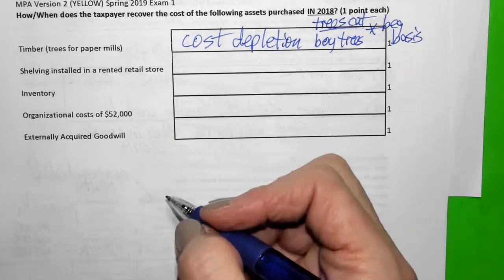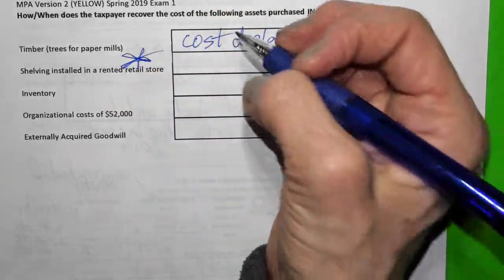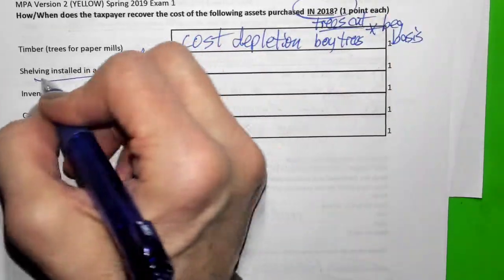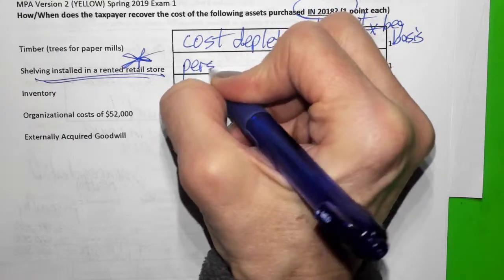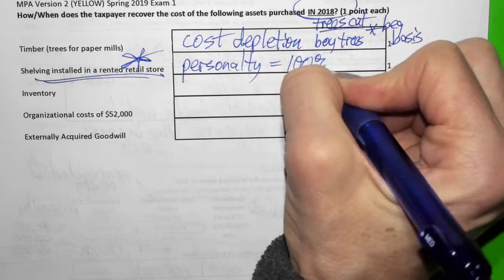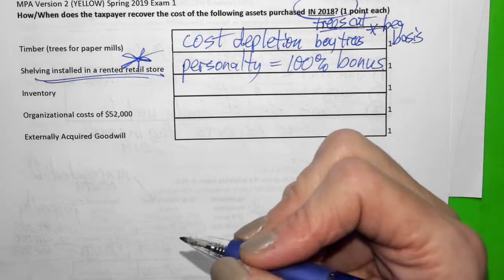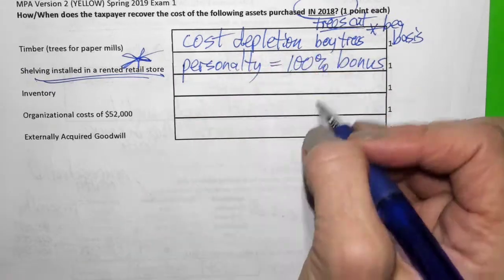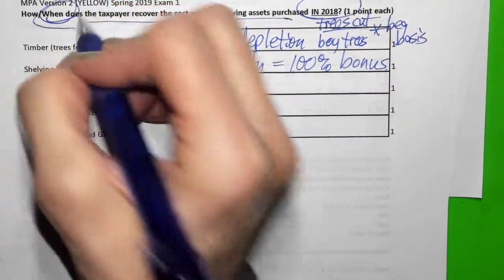Here's where some people lost some points because in 2018, shelving installed in a rental store, personalty equals 100% bonus depreciation. So I know in the 2017 exam you could have just said use MACRS, but I wanted a little more specifics about the when.